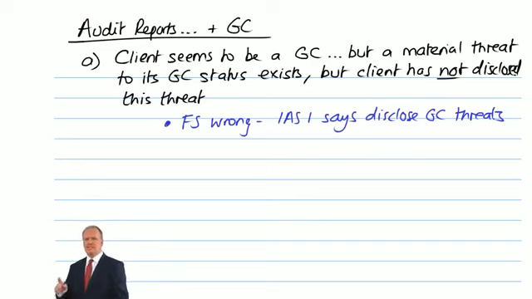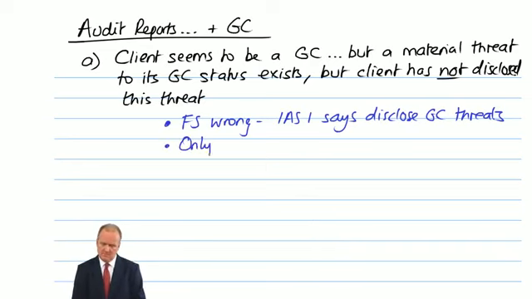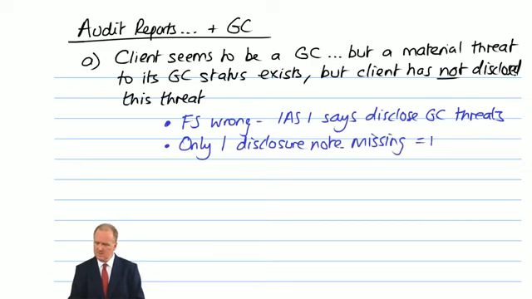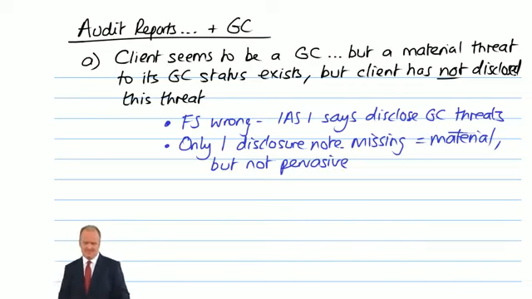Next question, is it material or pervasive? Well, all the numbers in the accounts are okay, it's just one disclosure note missing. And I would therefore suggest this is probably material, but not pervasive. Probably.